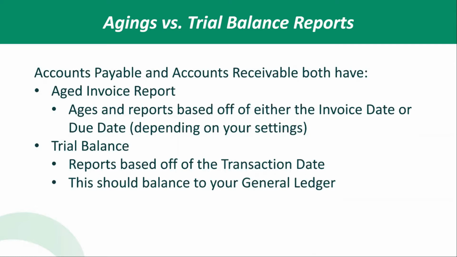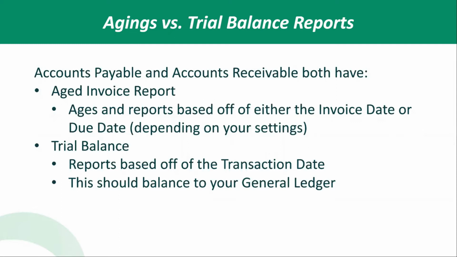So we're going to start off talking about the aging reports versus trial balance report. In accounts payable and accounts receivable, they both have an aged invoice report and they both have a trial balance report. The aged invoice report is based off of either the invoice date or your due date, depending on your setup options.